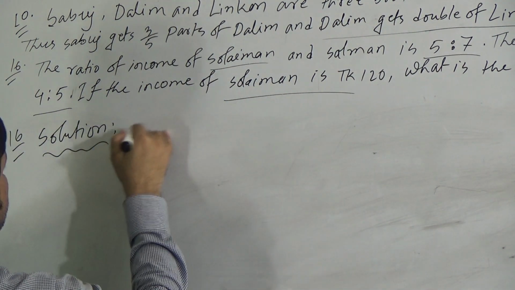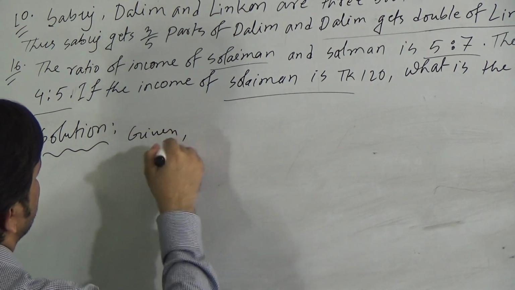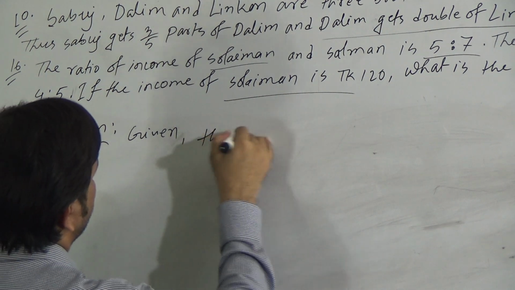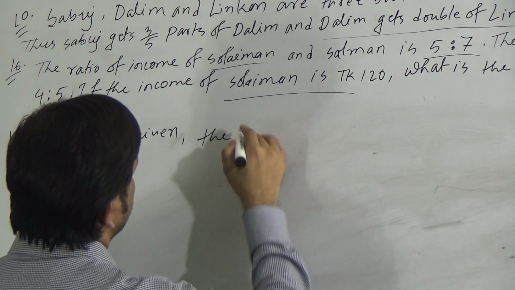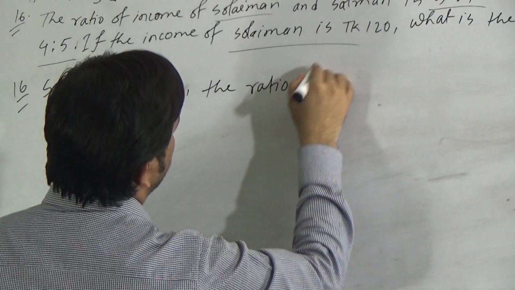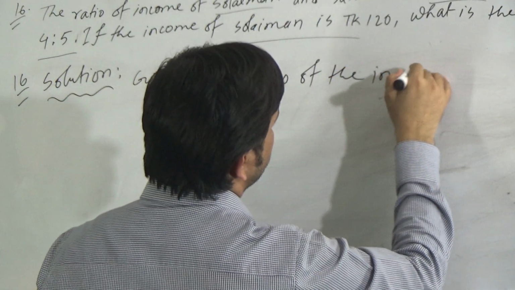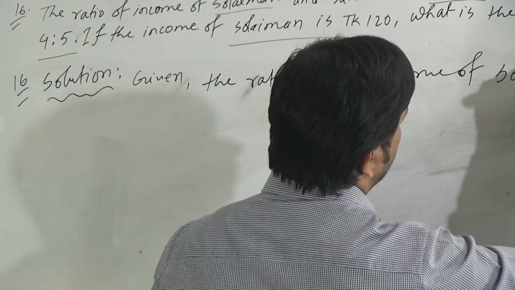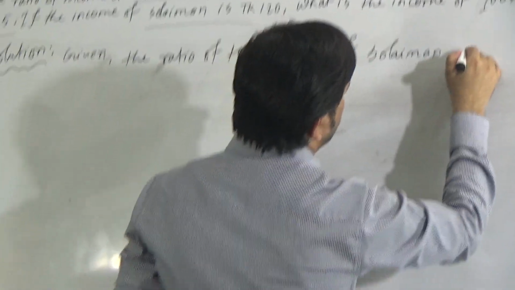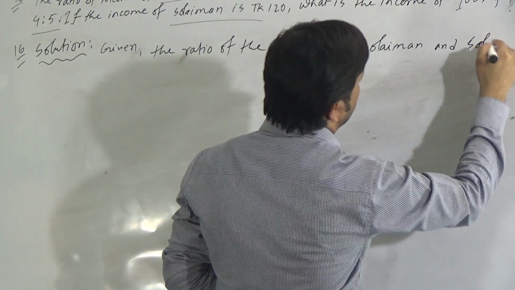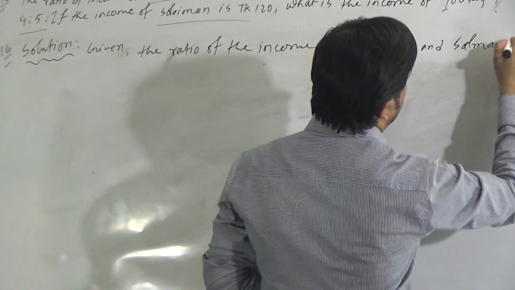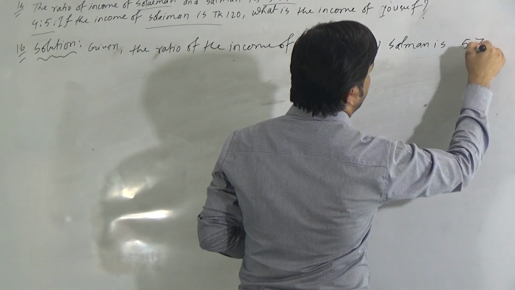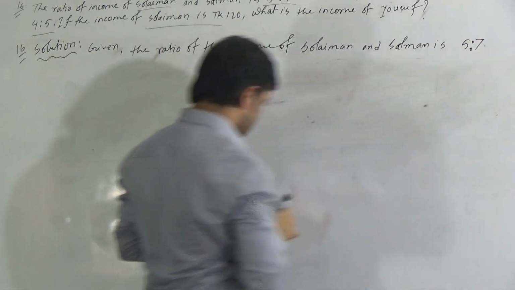So we can write, given the ratio of the income of Sulaiman and Salman is 5:7.